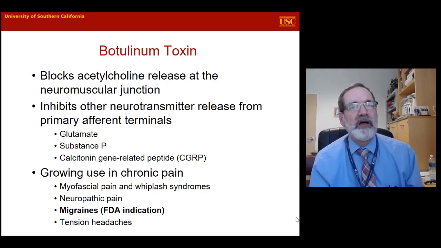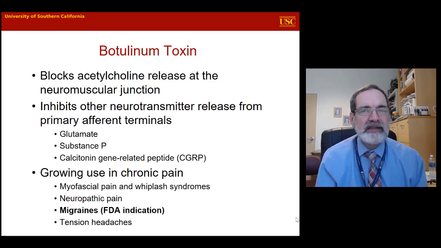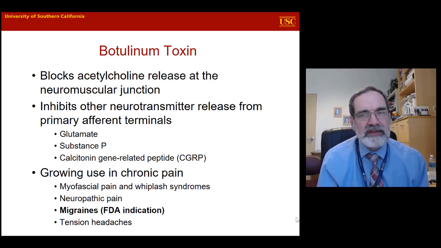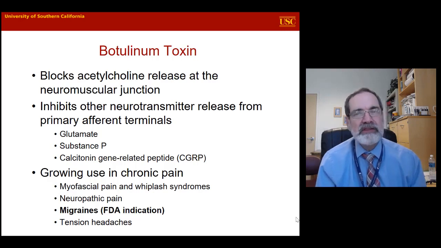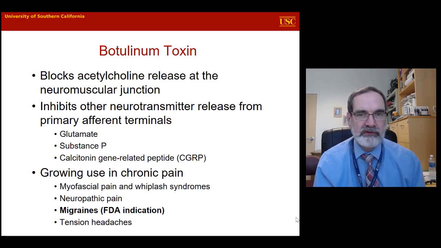We did talk about botulinum toxin at the beginning, how it binds at the neuromuscular junction, blocking the release of acetylcholine. But what's interesting is it does also block the release of other neurotransmitters at sensory nerve terminals.